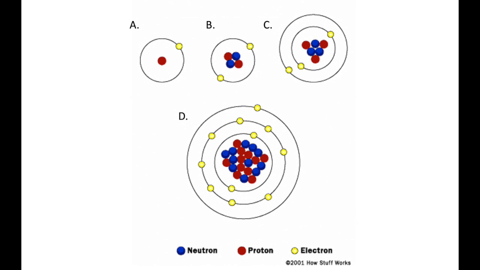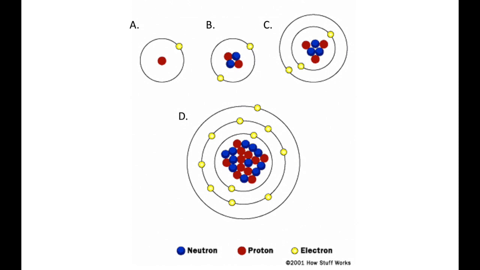Take a look at the next one. Letter B. So what would that one be? There's a few good answers that you might guess there. For this one, you might see that this is helium. So why helium?